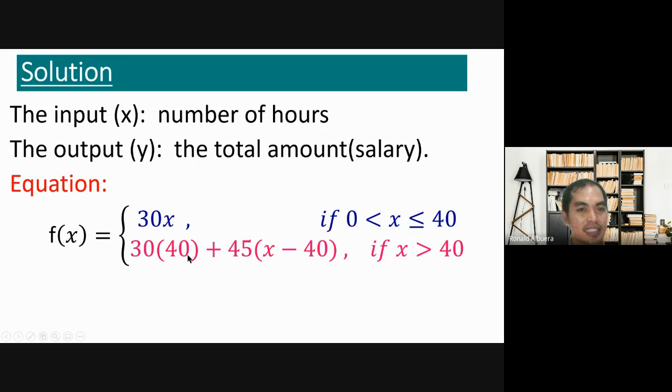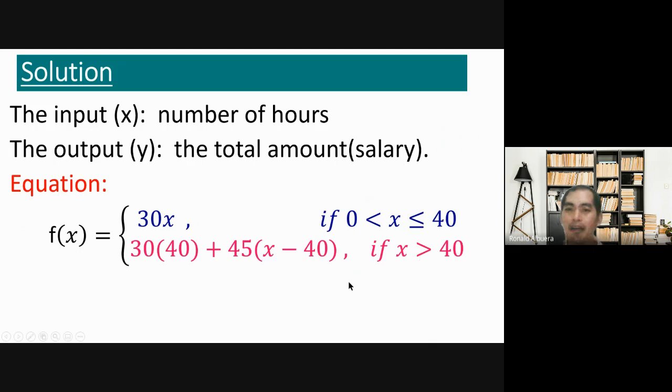Kaya 30 times 40. Pag lumampas sa 40 hours daw, ang bayad na ay 45 pesos per hour. Kaya meron tayong plus 45 in the excess of 40 hours. 41 minus 40 is 1 hour ang excess sa 40. That is why this is the equation that we need, if X is greater than 40. Ano nga ang X?